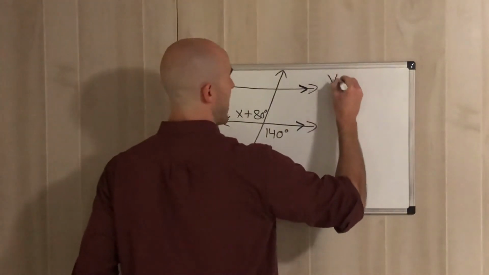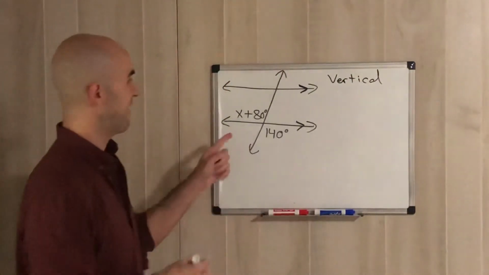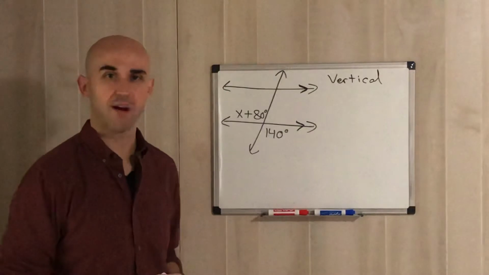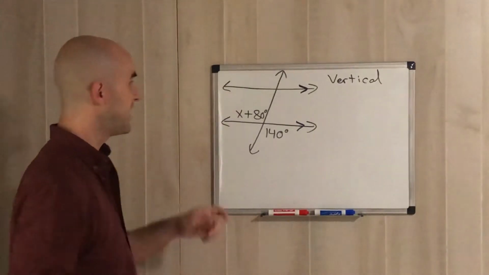So right now we have vertical angles, and we know automatically that whenever it's vertical angles, they're congruent. The fact that they're congruent, that they're the same, tells us everything we need to know.